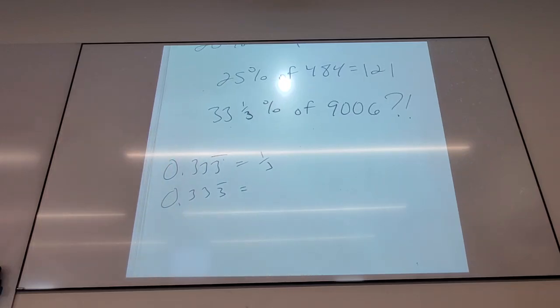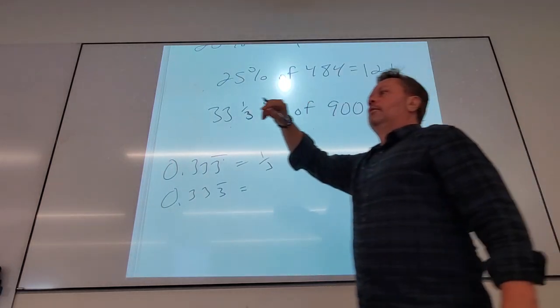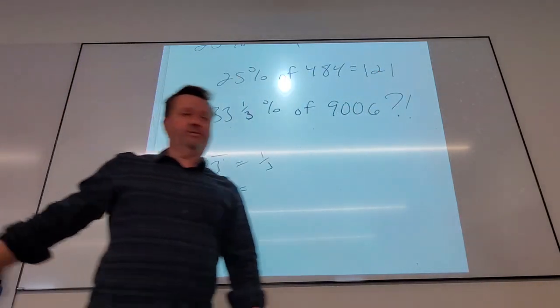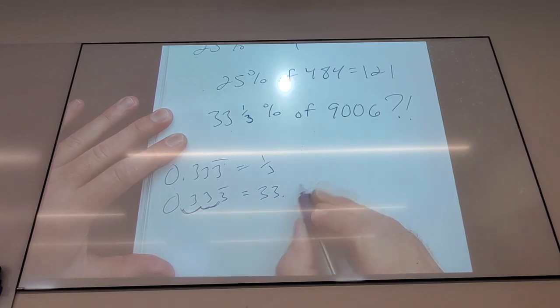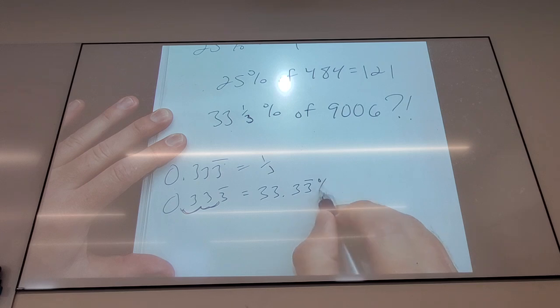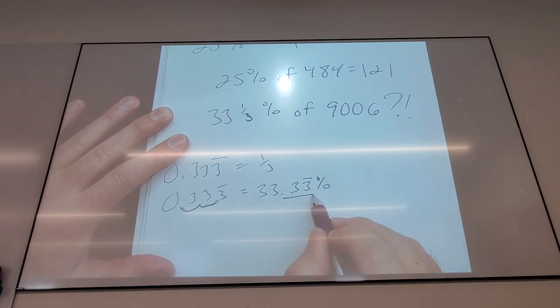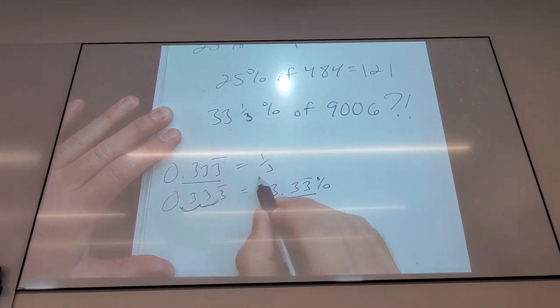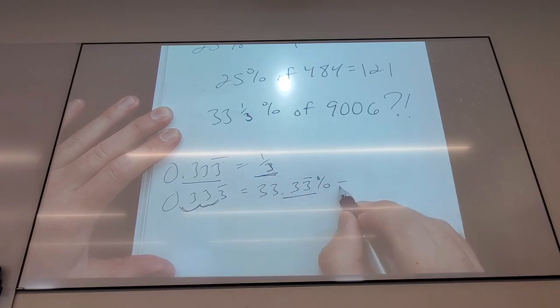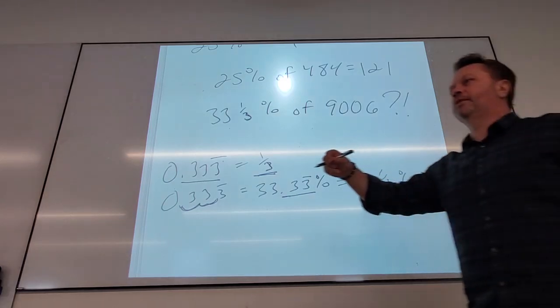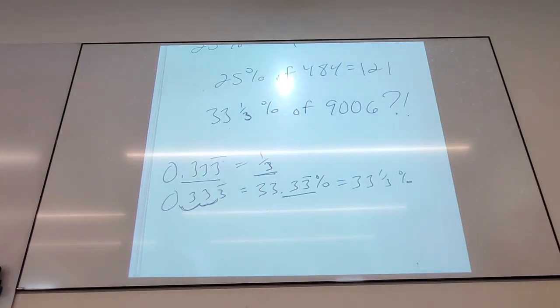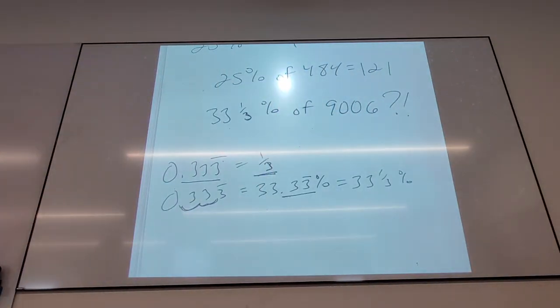So what is 0.3333 forever as a percent? How do you change from decimal to percent? It's not 33%, it's 33 point 3 repeating, so this is 33 1/3%. So when I say what is 33 1/3% of something, just like 25% is equivalent to divide by 4, 33 1/3% is equivalent to divide by 3.